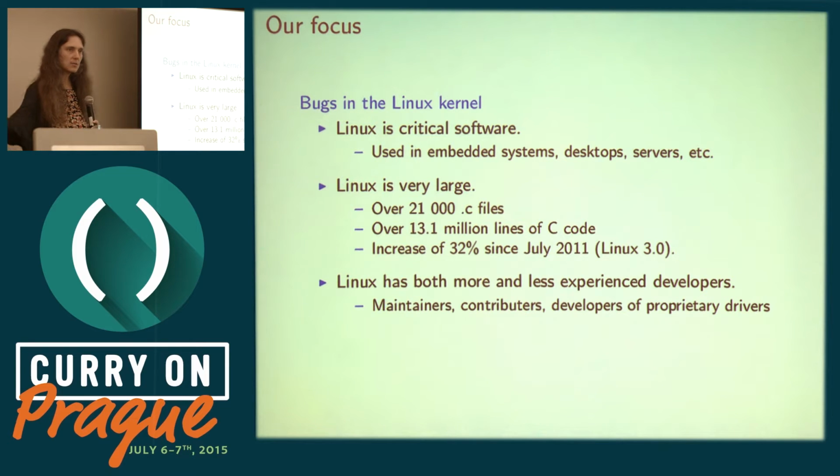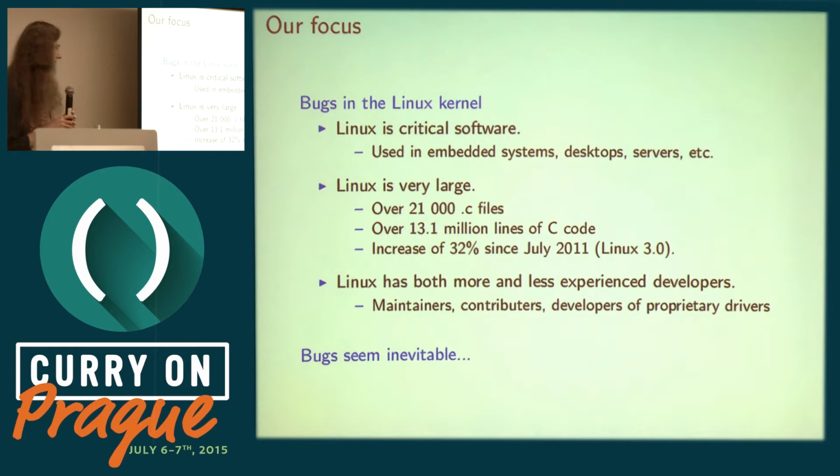And it also changes extremely quickly, with an increase in code size of 32% in the last 4 years. Another feature of the Linux kernel is that it has a very, very large developer base. Some people come in just to work on one particular device driver, for example. Other people have worked on the system for many, many years. There's a very wide range of experience. And in this situation, we can say that bugs seem inevitable.